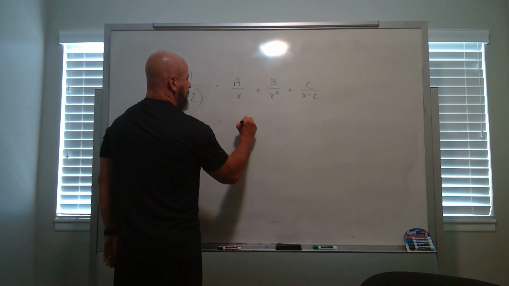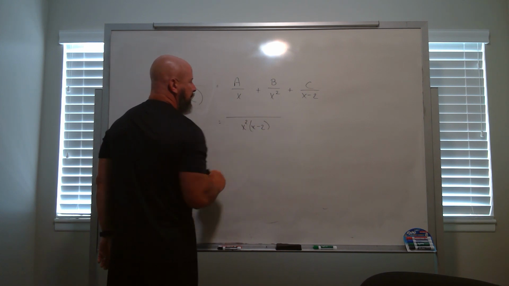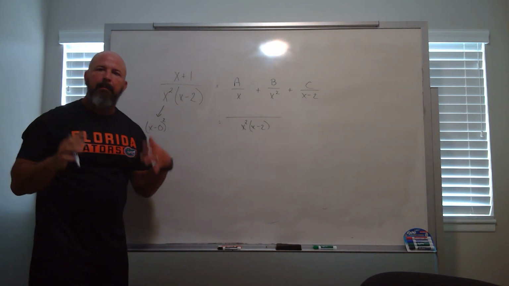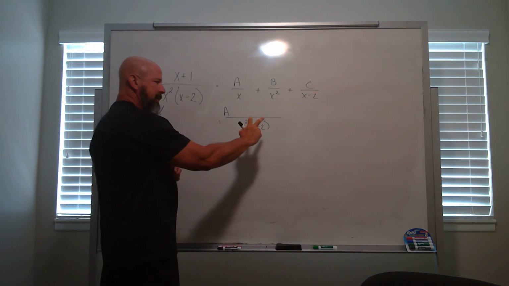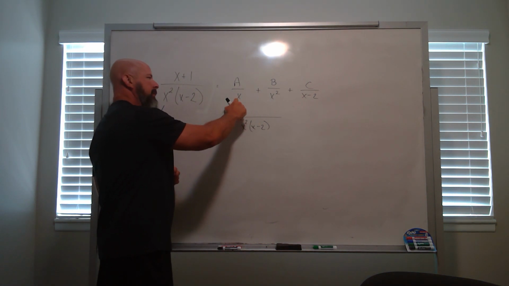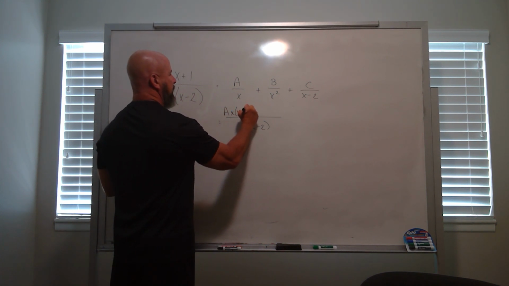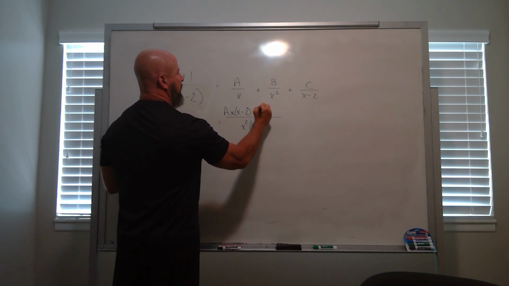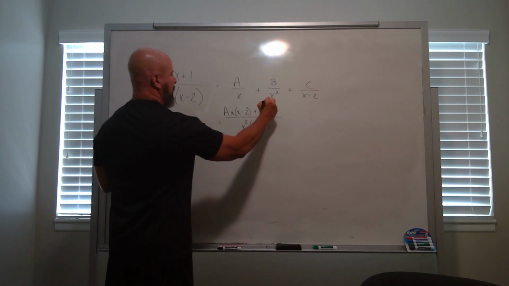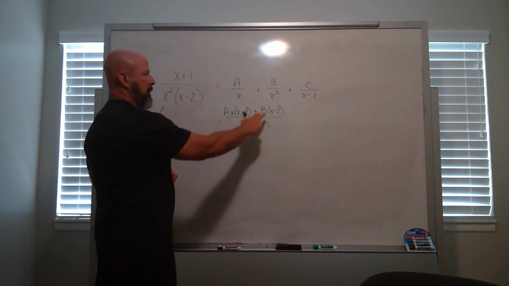Common denominator, still going to be x squared times x minus 2. Building the numerator, we need to make sure it's A times what's down here in the common denominator that wasn't in the original. Well, I got another x and the x minus 2. B times x minus 2. I had an x squared.